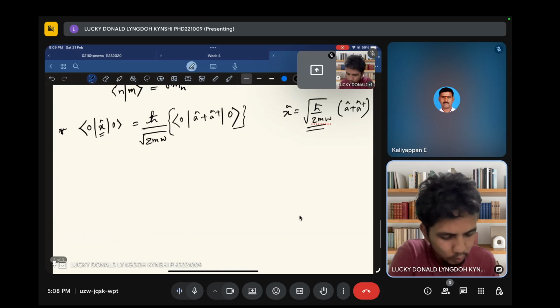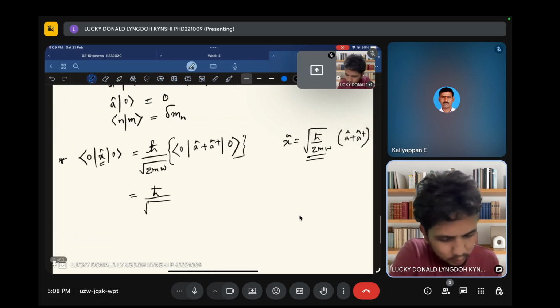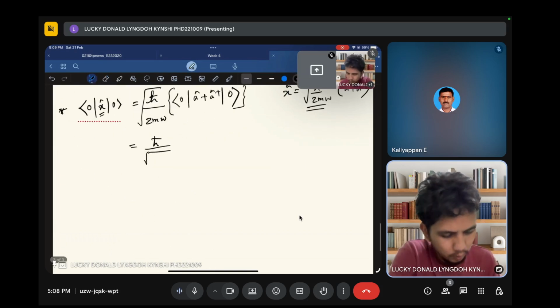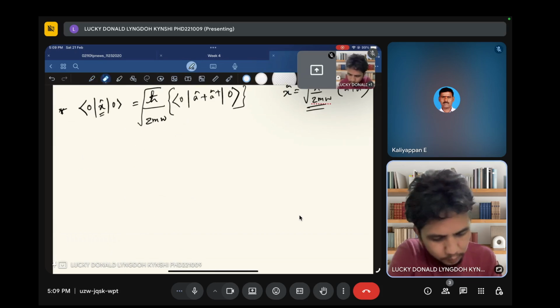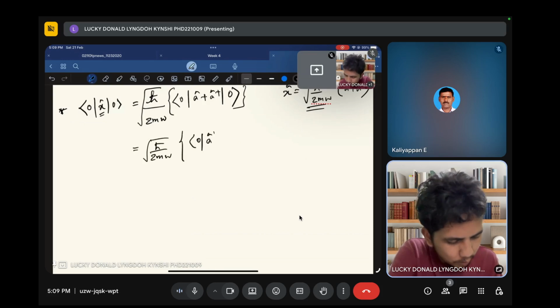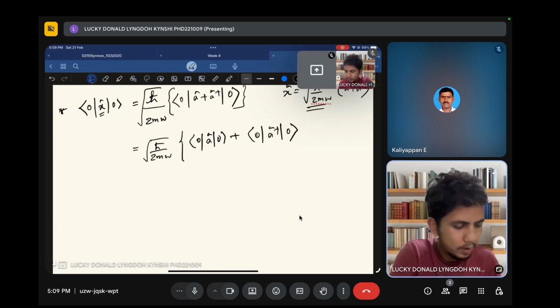So this will be the square root of h cross by 2 m omega, then you will get the bra 0 a cap ket 0 plus the bra 0 a cap dagger ket 0.